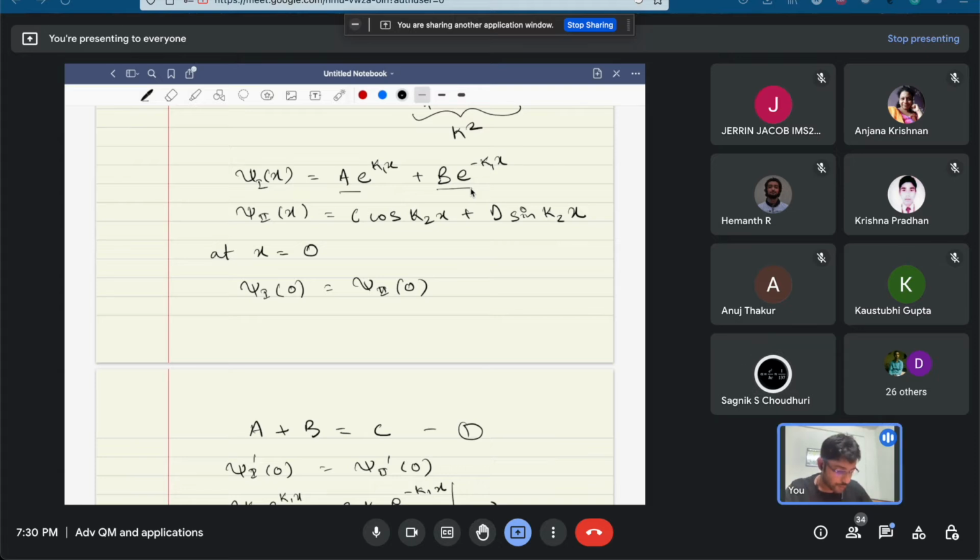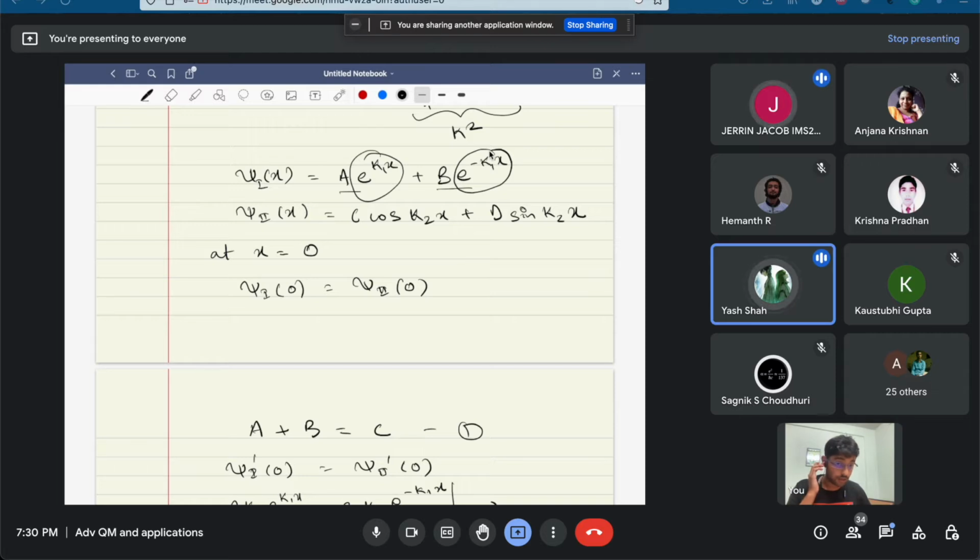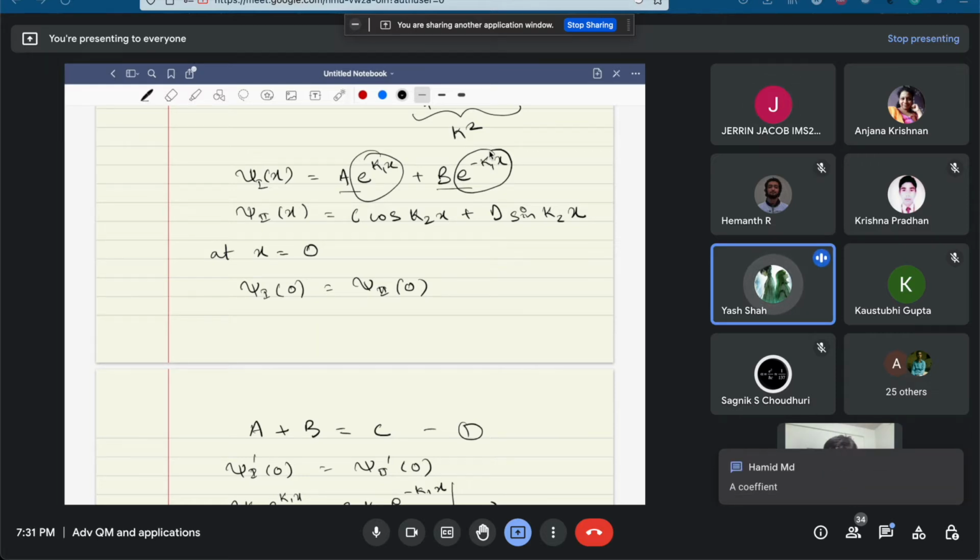So we have e to the power k1 x and e to the power minus k1 x. There are two terms here, right? Now which one of these terms will be 0 at minus infinity? Right, so this term will be 0 at minus infinity.